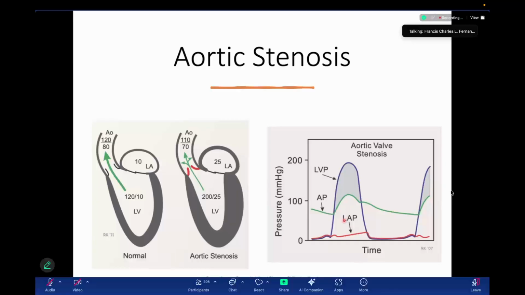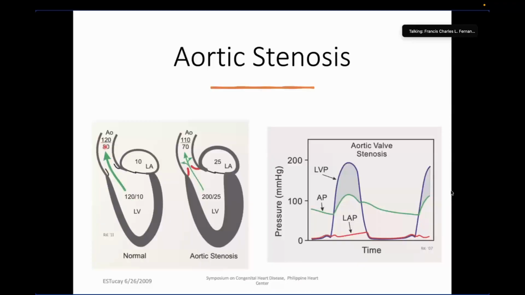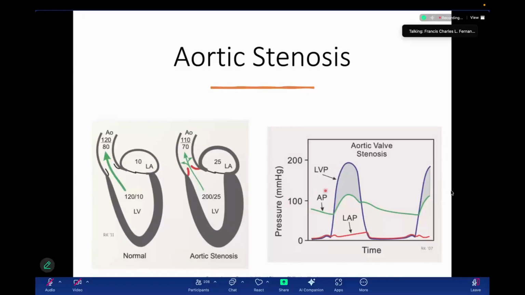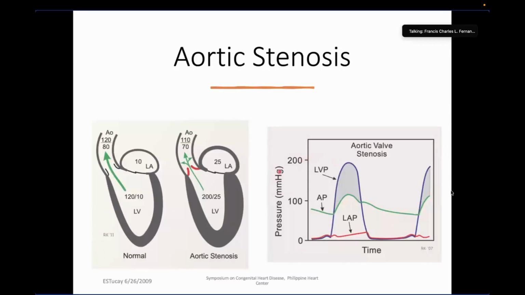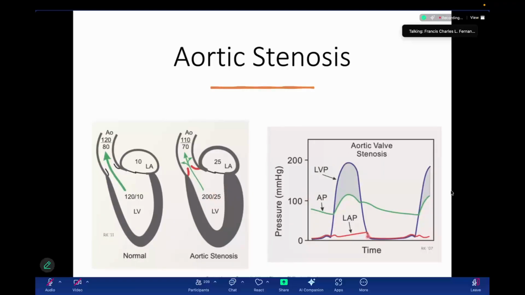Now, when you pull the catheter out from the left ventricle here and place it here in the aorta, this is the green line. As you can see, there is a shaded area. If your left ventricular pressure here on the left side is 200, that's 200 over 25.